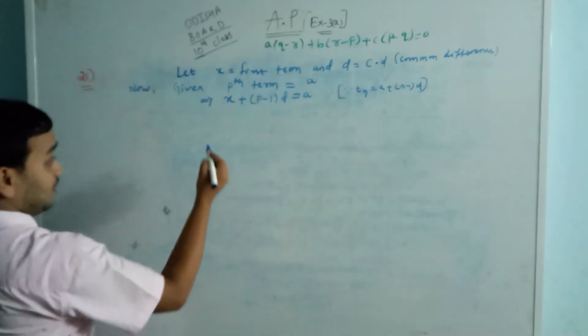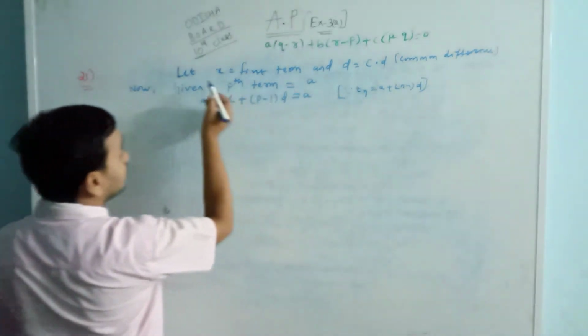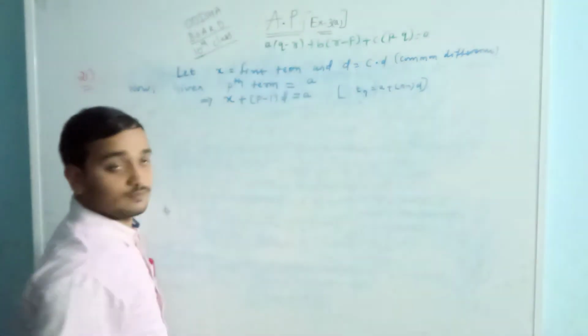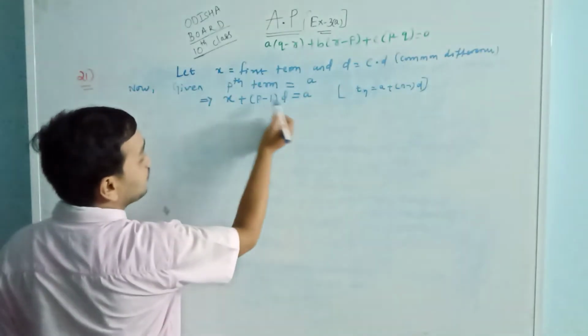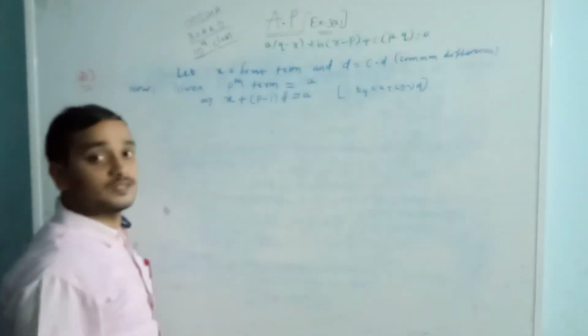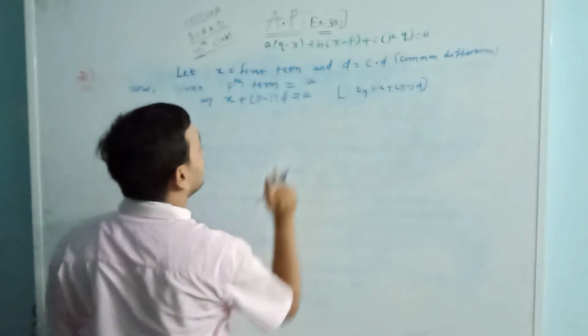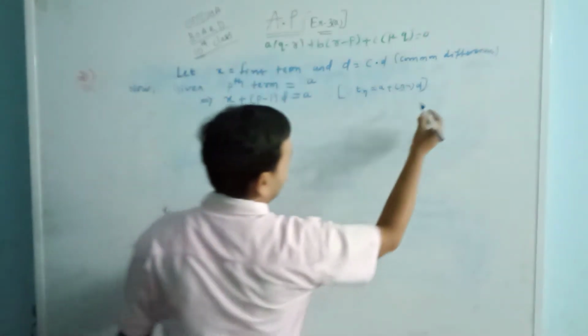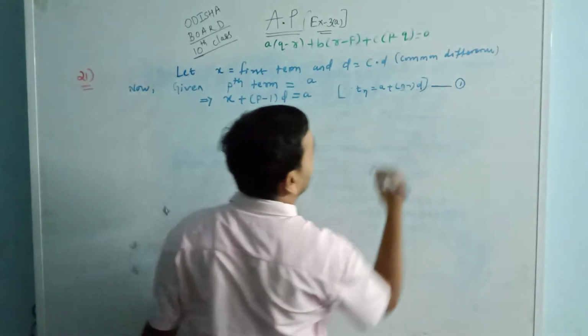In the same way, here a is the term but x is the first term, so x plus (n minus 1)d, and in place of n put p: x plus (p minus 1) into d is equal to a. This is equation 1.